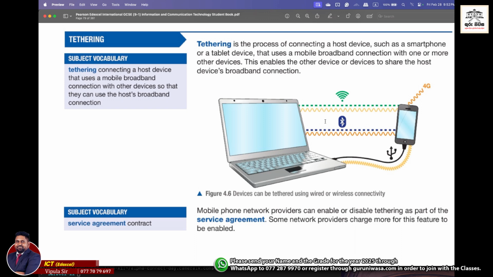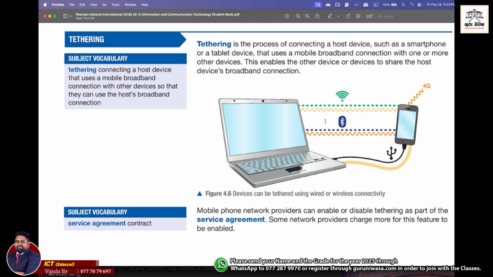Basically the concept is connecting your main device to a host.